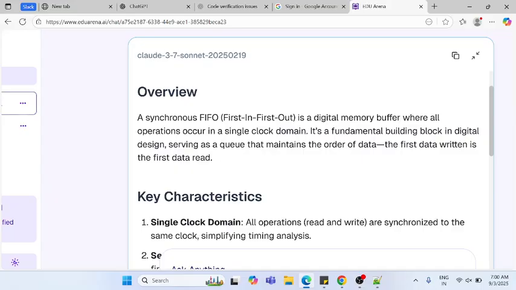When we decide to write something to the memory, we will point to some address and give some data so that it will be stored in an internal memory. When we want to read the data, we will give the same address and write enable maybe 0.